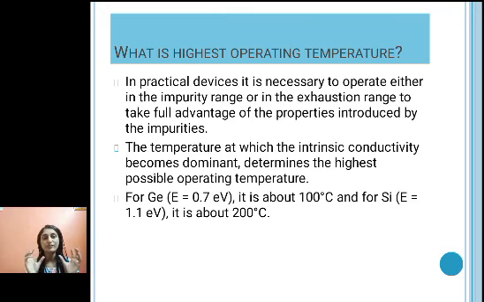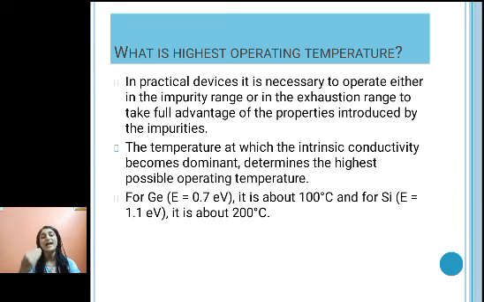If you want to take full advantage of the properties introduced by the impurities, your device should work in the impurity range or exhaustion range. There is a certain temperature up to which the material will operate in the exhaustion range. If you increase the temperature beyond that, the covalent bonds will be broken and the material is just going to behave as a pure semiconductor.